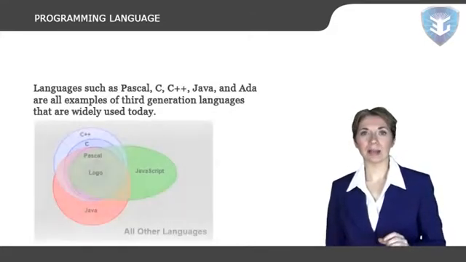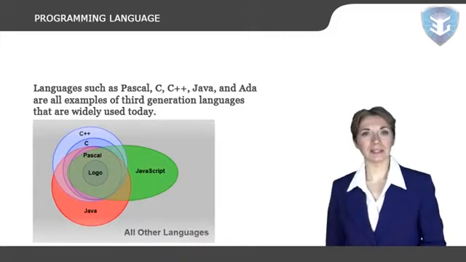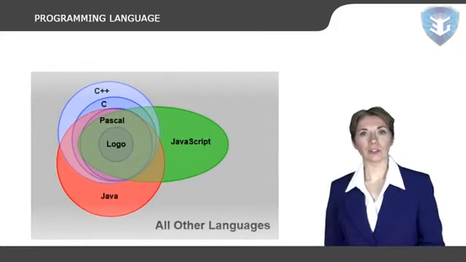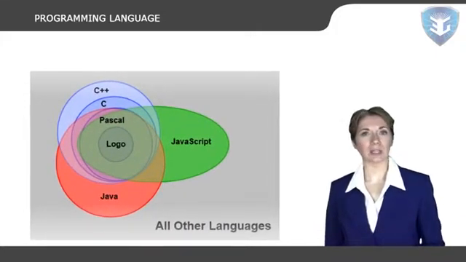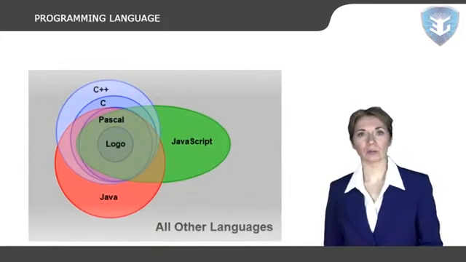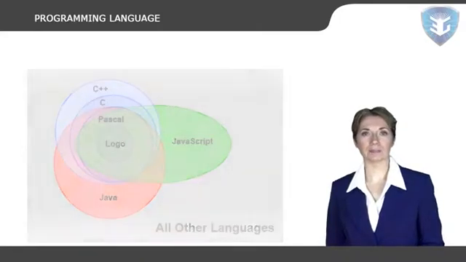Languages such as Pascal, C, C++, Java, and Ada are all examples of third-generation languages that are widely used today. These languages are also known as high-level languages since they abstract away the details of machine code and help programmers to concentrate on problem solving.